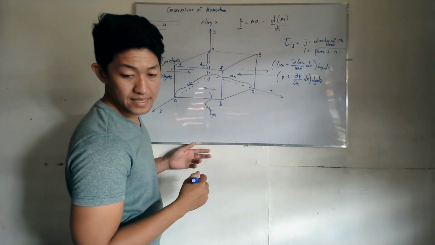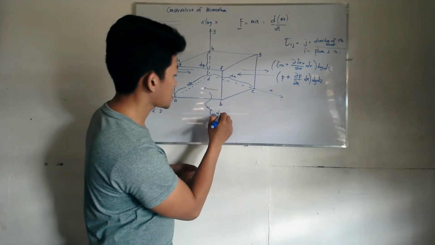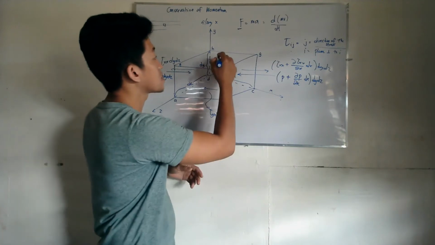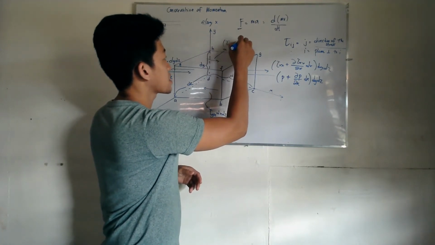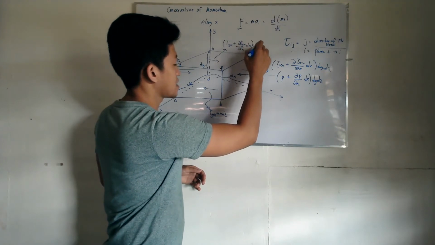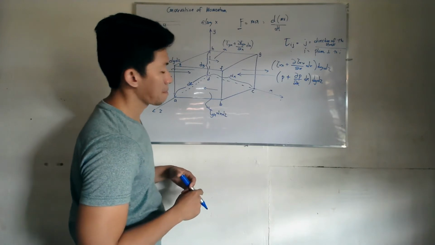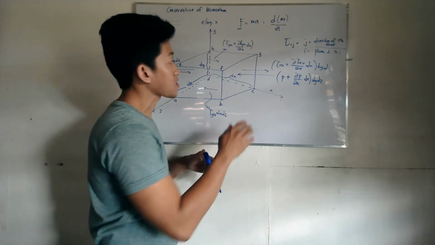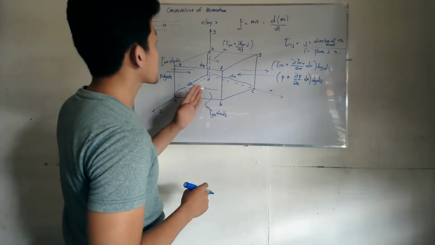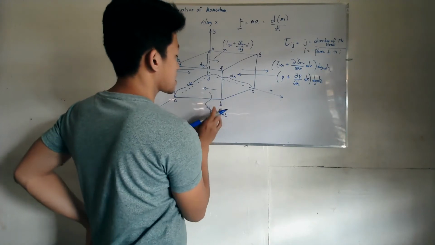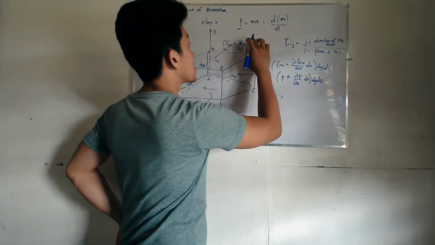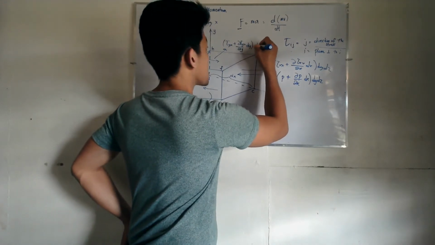So tau yx times area dx dz. The opposite, on top, is tau yx plus partial of tau yx with respect to y dy, since it is estimated based on the value here. So dy dx dz. Okay?